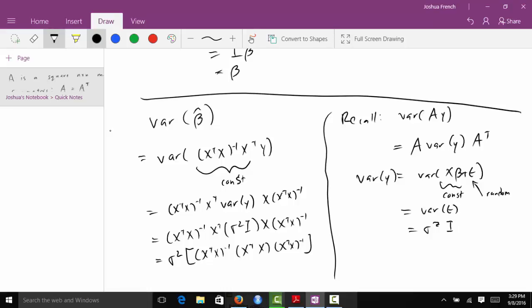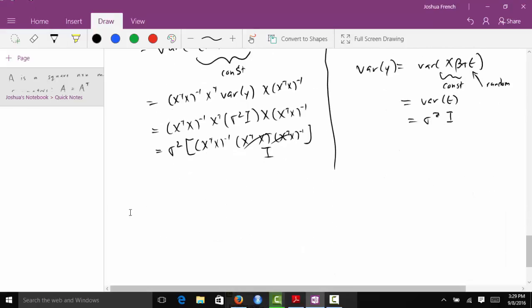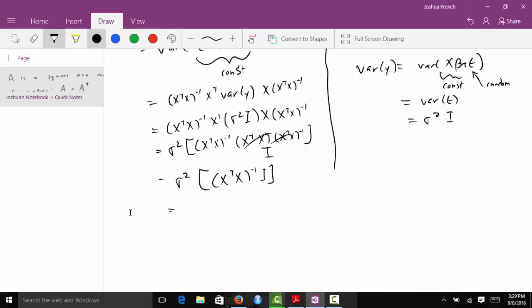Well, I see an x transpose x here, and I see an x transpose x inverse here. So those will cancel each other out and leave me with the identity. And so I get sigma squared times (x transpose x) inverse times the identity, which is just sigma squared times (x transpose x) inverse. And so we have derived the covariance matrix of beta hat.